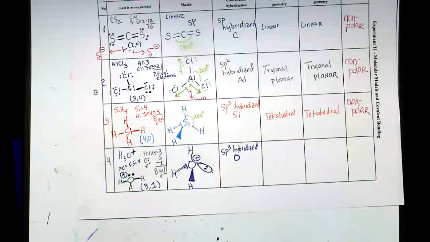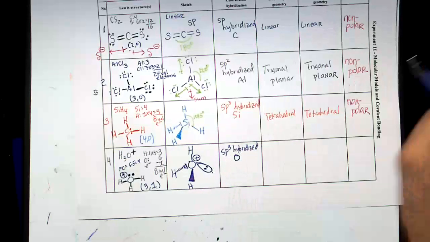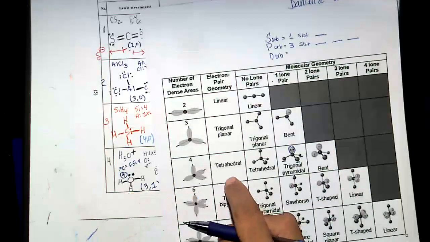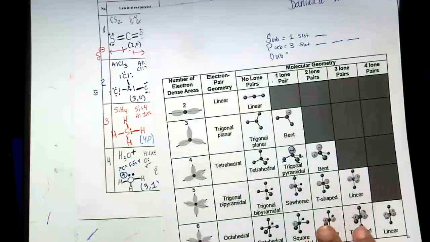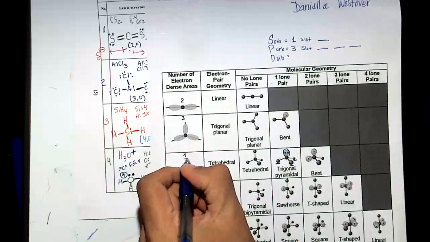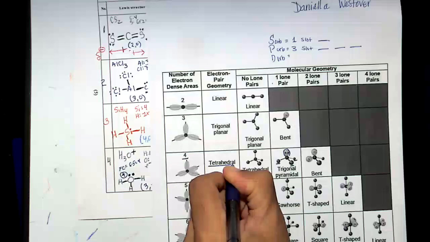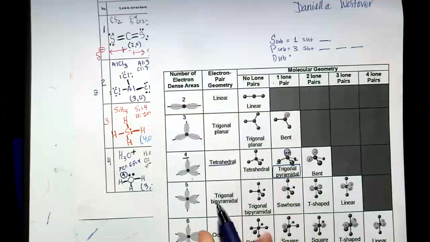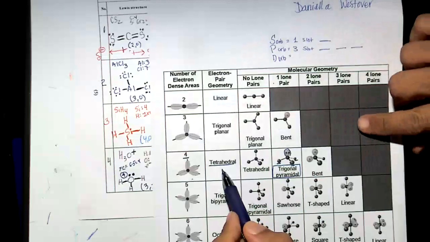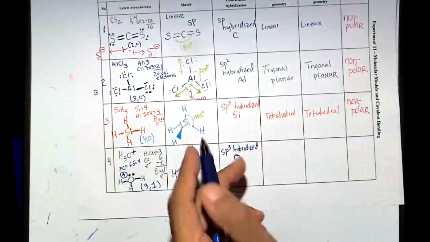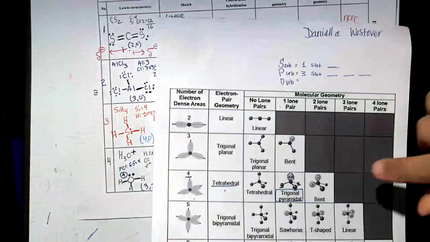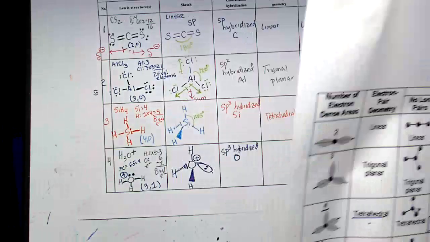What is the electron pair geometry? When you have 4, it is tetrahedral. Everyone look at me. The electron pair geometry, when you have 4, is tetrahedral. But when you have 1 lone pair out of those 4, what is it? It's trigonal pyramidal. So the electron pair geometry is tetrahedral, just like above, but the lone pair makes it trigonal pyramidal.